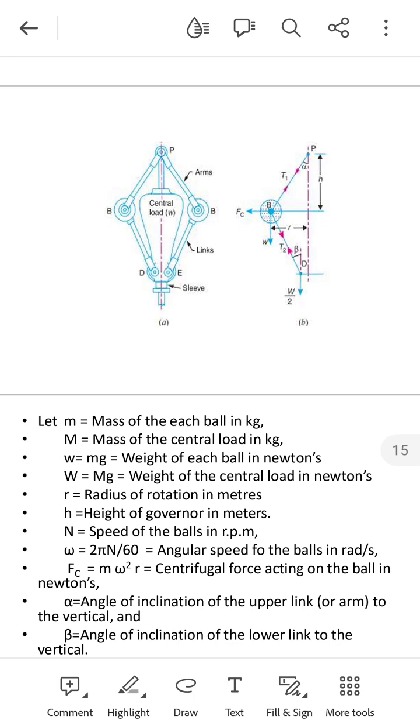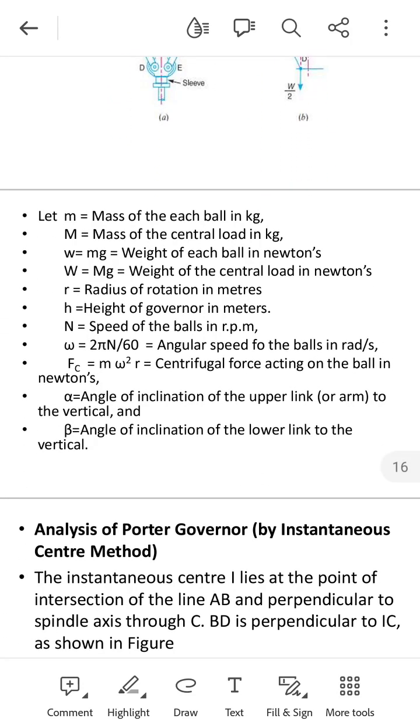Fc is equal to m into omega squared into r, that is the centrifugal force acting on the ball in newtons. Alpha is the angle of inclination of the upper link to the vertical, and beta is the angle of inclination of the lower link to the vertical. Now the analysis of the Porter governor.